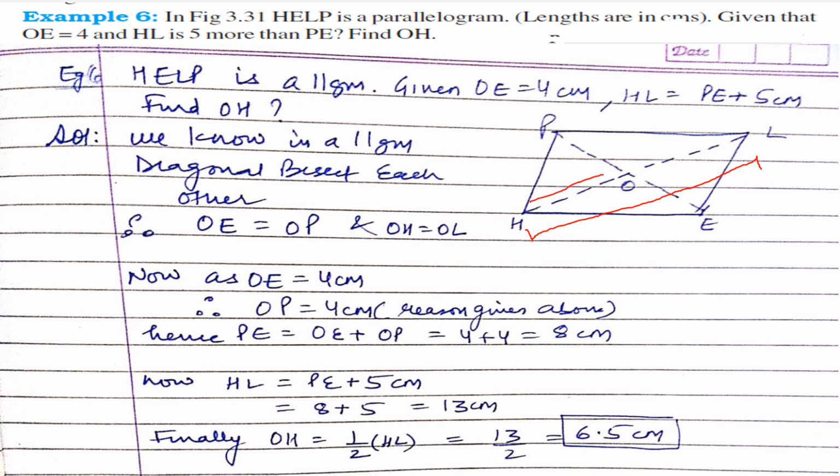Can't you find OH when you know HL? Very easy. HL is the complete diagonal, OH is half of it. So just halve HL and you get the value of OH. 13 upon 2 is 6.5 centimeter. Okay, if you are not able to understand this, just see it one more time. It is very easy, you can understand.